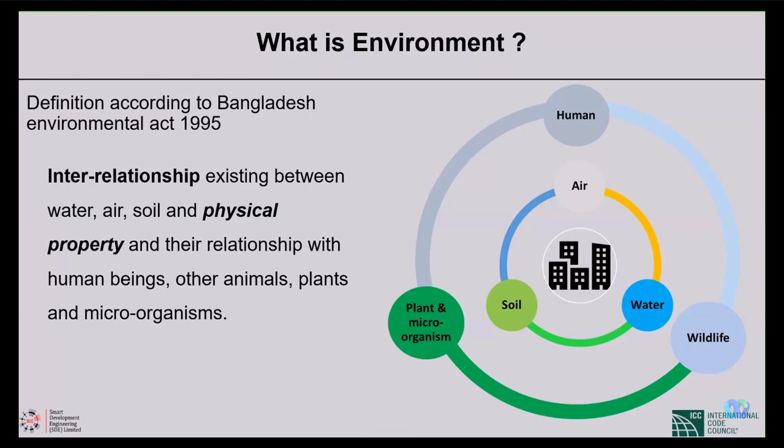Between air, water, and land, with the humans, with the plants, with the animals. That relation, all our interrelations, is a part of the environment. The state of each of the environmental components, and their relationships.